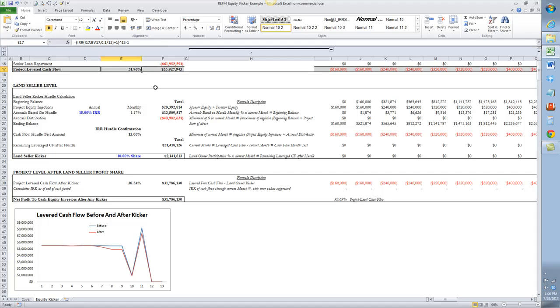So on a net basis, the profit to the cash equity investors after the kicker was $31.8 million.